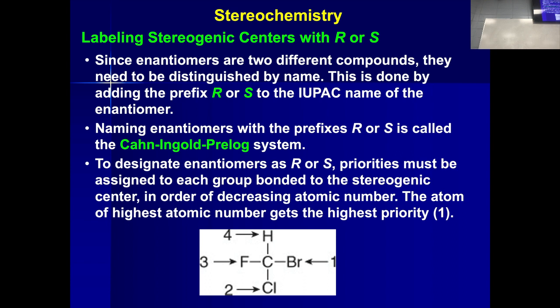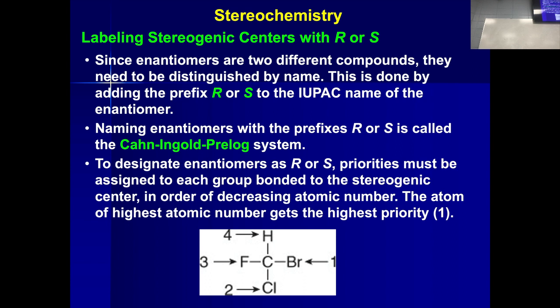So if I look at this particular molecule, and if I assume that each one of these colors is different, let's say white is hydrogen and the other colored ones are the different halogens, I can assign priorities to these. I know that bromine has a higher atomic number than chlorine. Chlorine has a higher atomic number than fluorine, and hydrogen has the lowest atomic number. If you have a hydrogen on your chiral center, it will always be number 4.